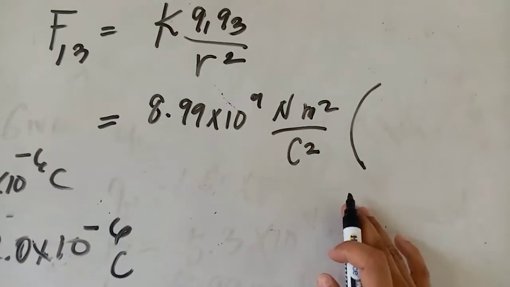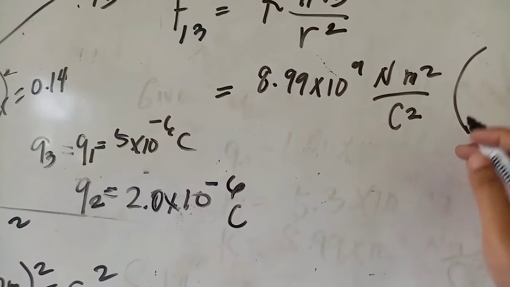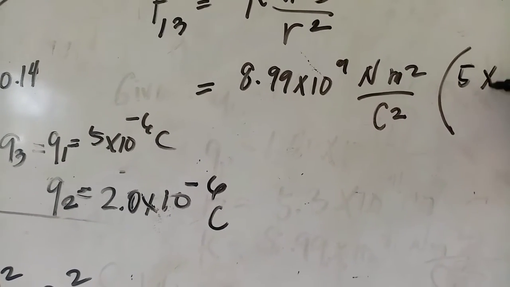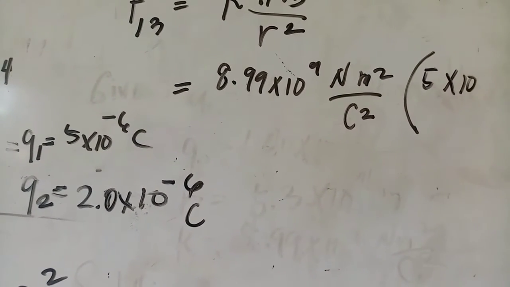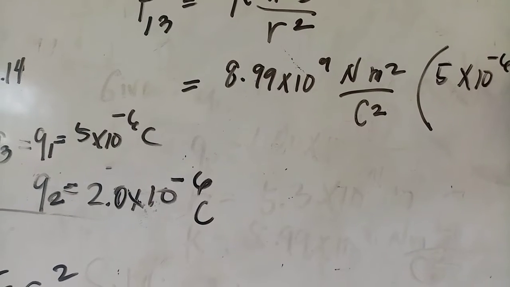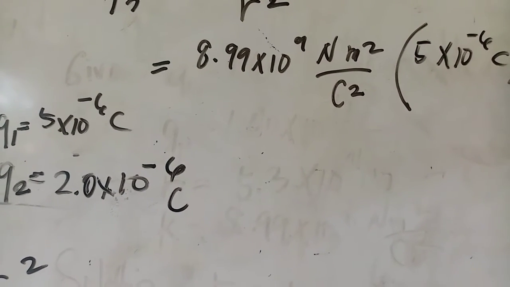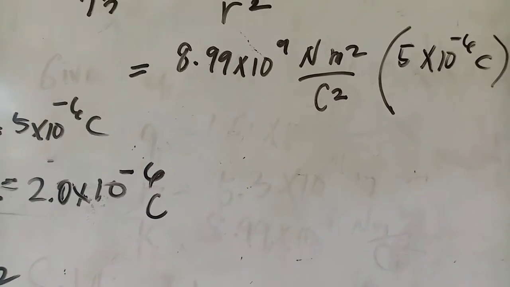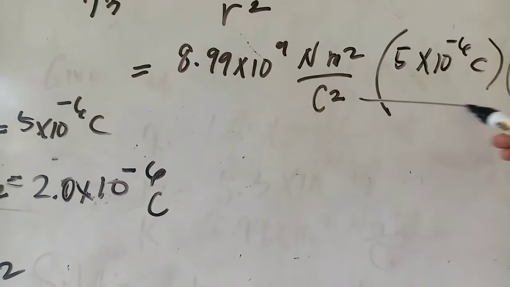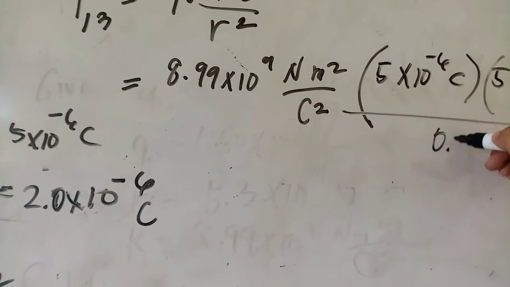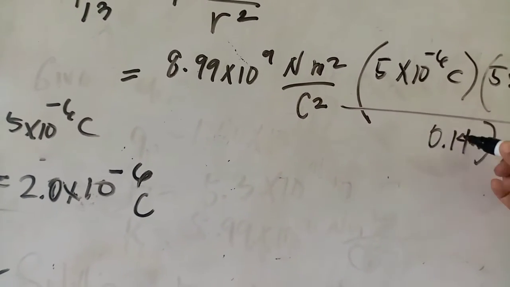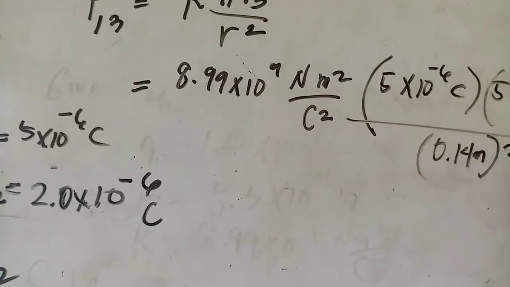So you just substitute the value of charge 1, that is 5 times 10 to the power of negative 6 coulomb times 5 times 10 to the negative 6 coulomb over the separation distance, 0.14 meters, quantity squared.